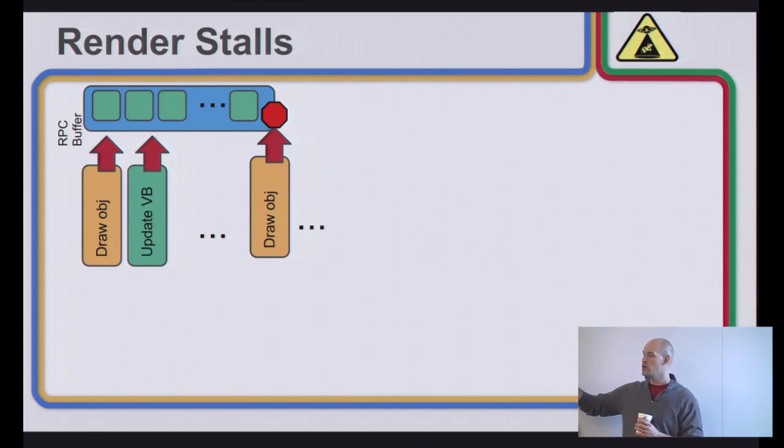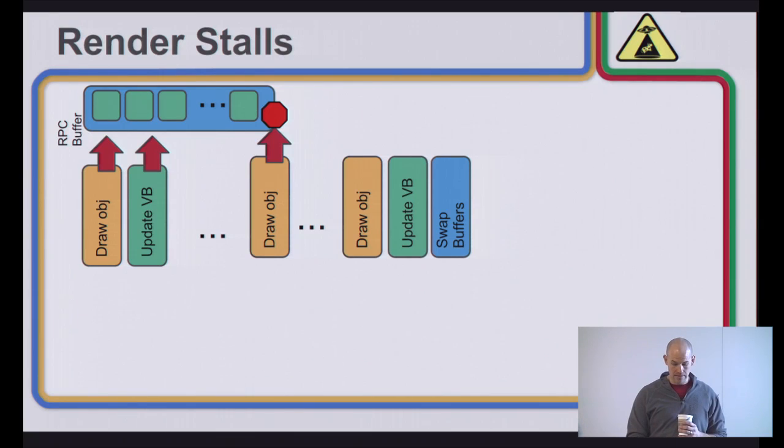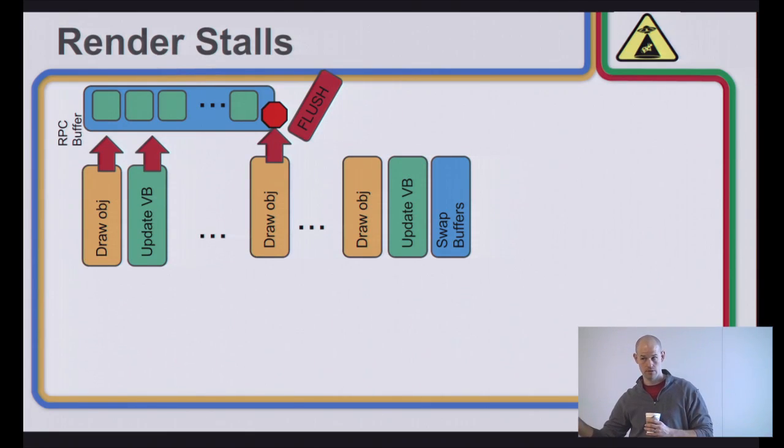You hit something called a flush sync, or a sync flush, depending on which documentation you get. Even though you're not done with your frame, the process will halt and issue a flush sync. It blocks the calling thread until all of the data inside that RPC buffer has been consumed by the render process.